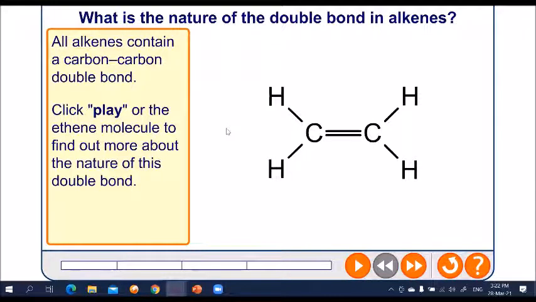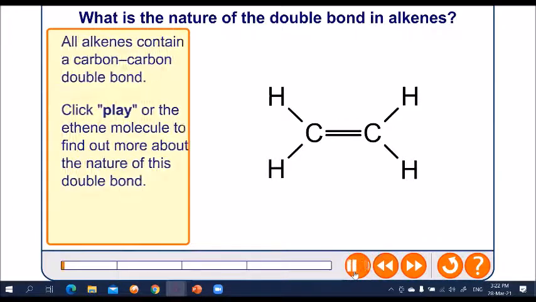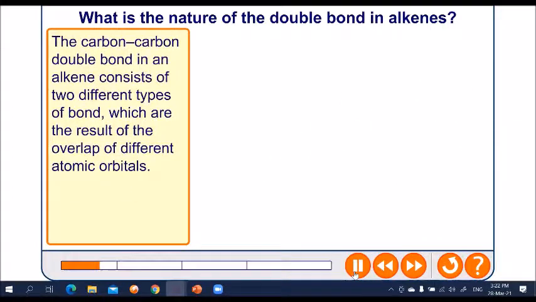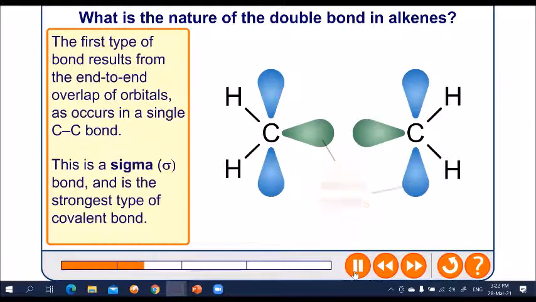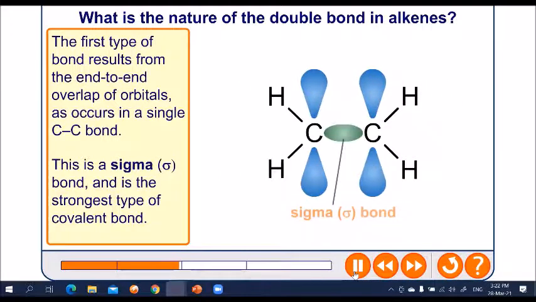Looking at the alkene's carbon-carbon double bond, the carbon-carbon double bond in an alkene has two different types of bond, which are the result of the overlap of the atomic orbitals like we just saw. The first type of bond results from the end-to-end overlap of orbitals as occurs in a single carbon-carbon bond, the sigma bond.